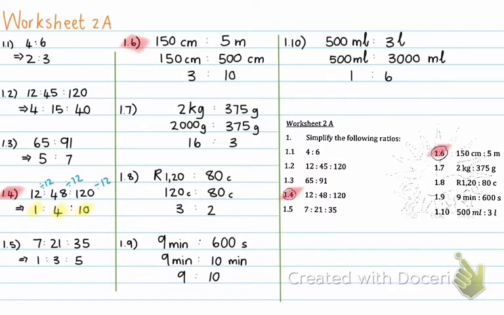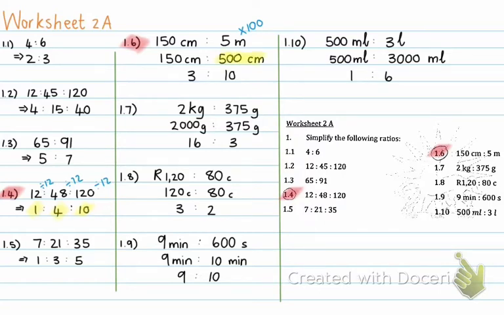So my suggestion is to take the 5 meters to centimeters rather than to take the 150 centimeters to meters, because in that case you will work with decimals or fractions and we don't want that. So to take meters to centimeters, I know that there is 100 centimeters in 1 meter, therefore I multiplied that 5 with 100 and that gave me this 500 centimeters.